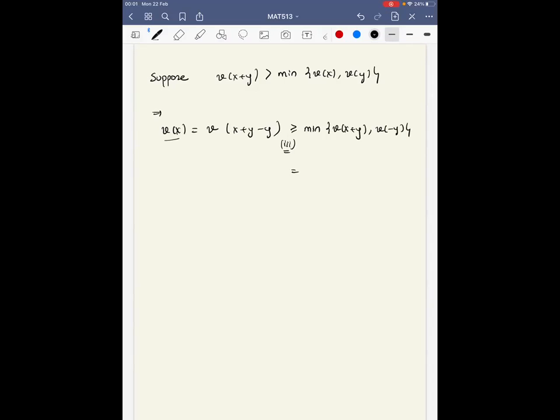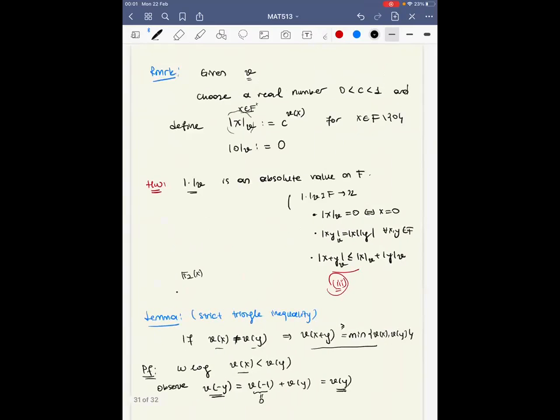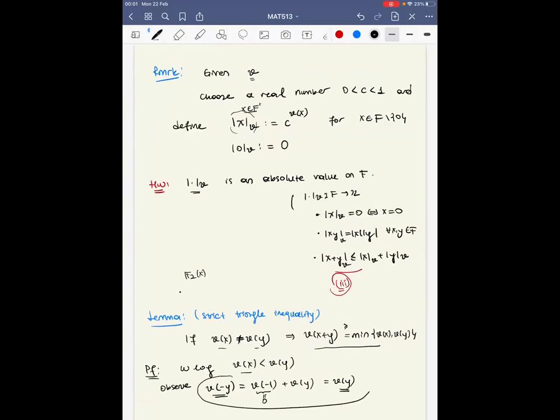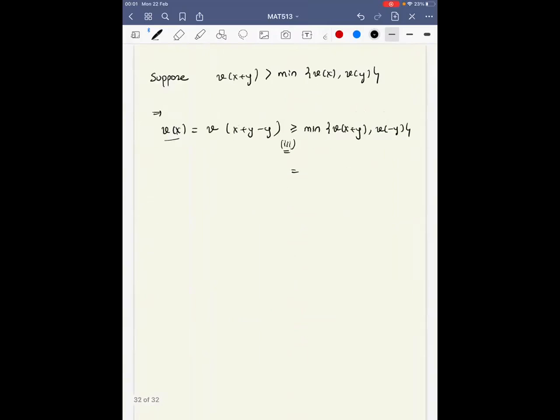we see that v of x is bounded below by minimum of v of x plus y and v of minus y. And as we have observed here, v of minus 1 is equal to v of y.